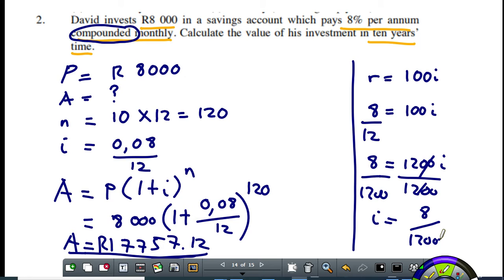What you can do to make things easy, you are in matric, you must be able to convert 8% to a decimal mentally, without a calculator. What is 8% as a decimal? 0.08. This is the interest as a decimal. But it's per year, and we want the interest per month. So we divide by 12.